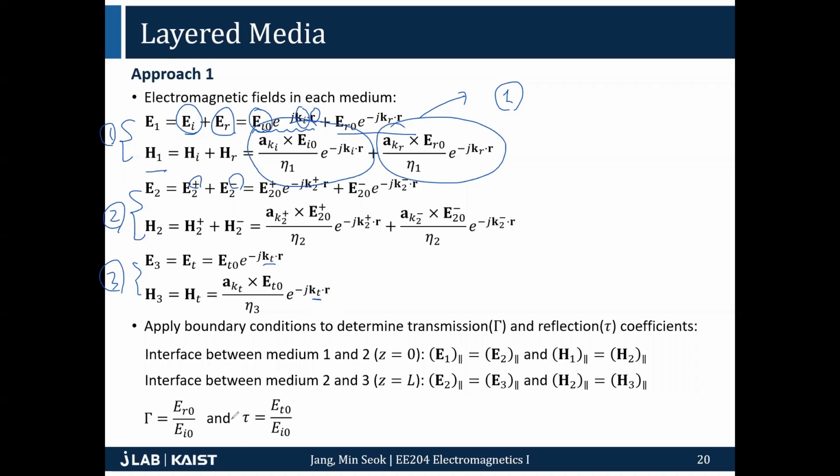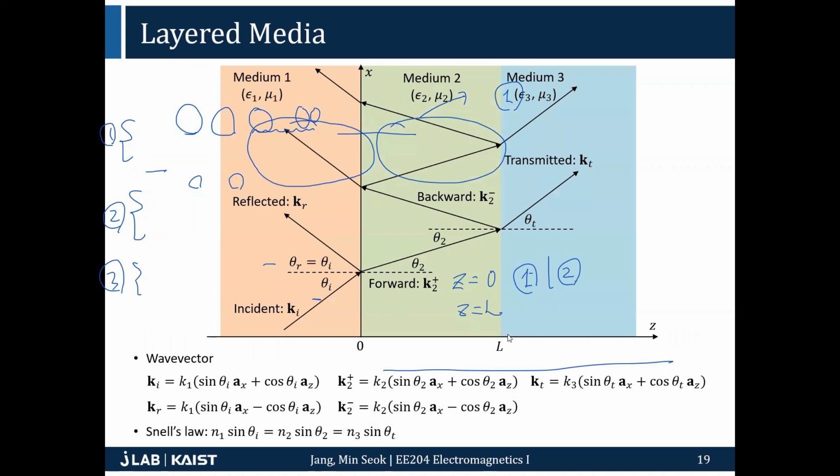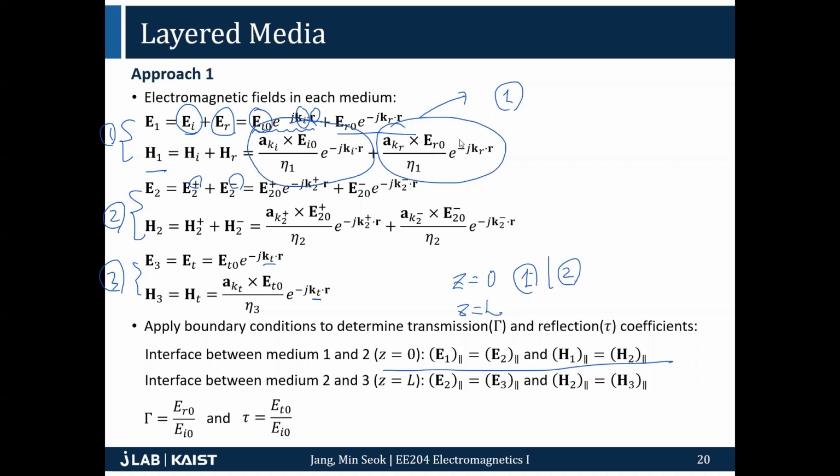So how to solve this problem? Well, that's easy because you know the boundary conditions. When z equals 0, that's boundary 1, the boundary between media 1 and 2. And then when z equals L, if you go back to the previous one, L is the second boundary. So z equals L means this boundary condition.